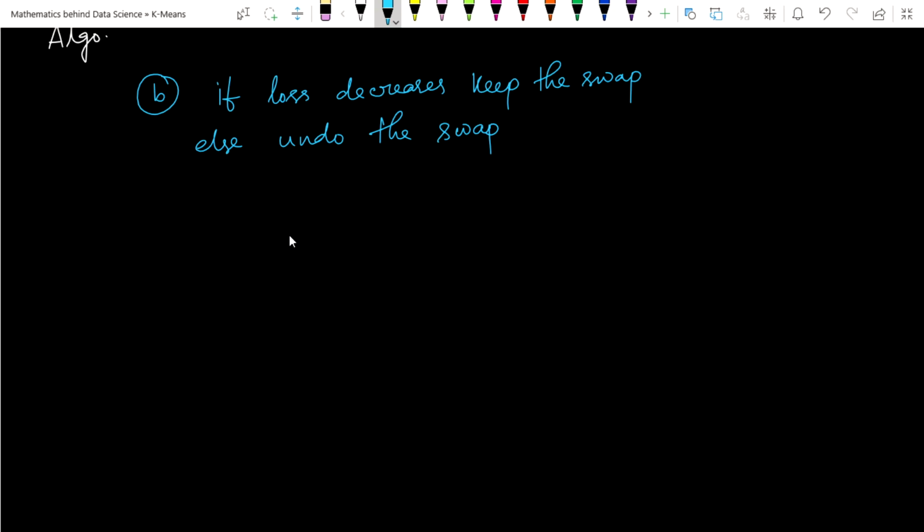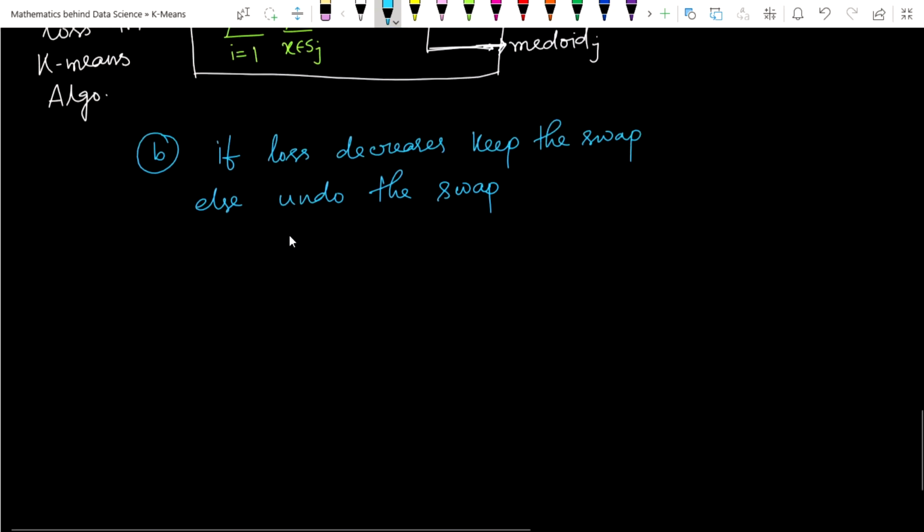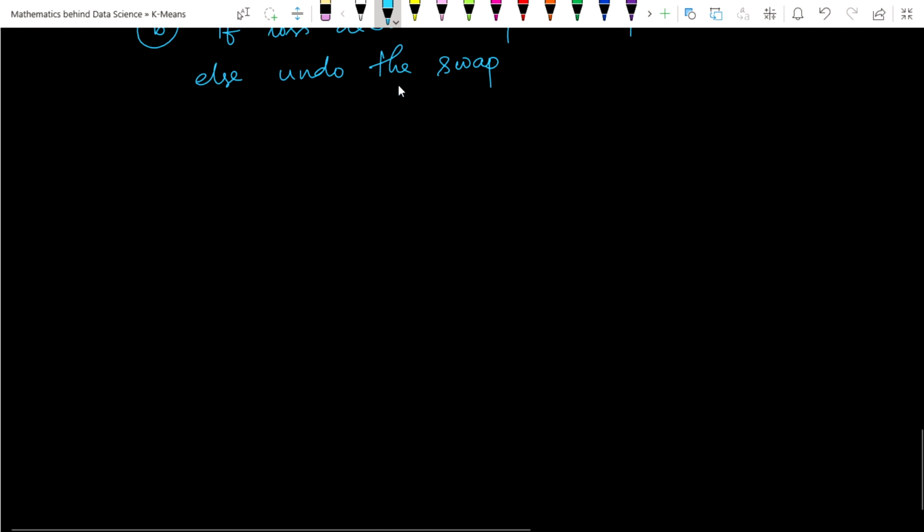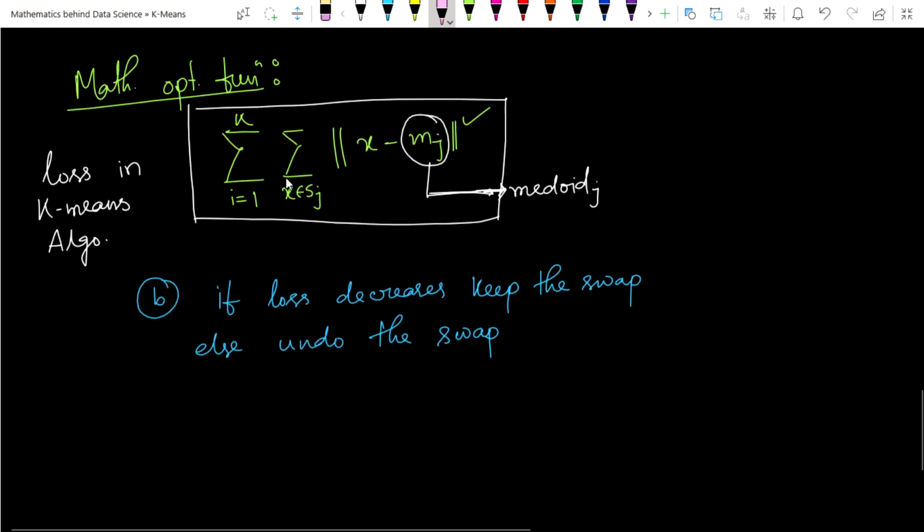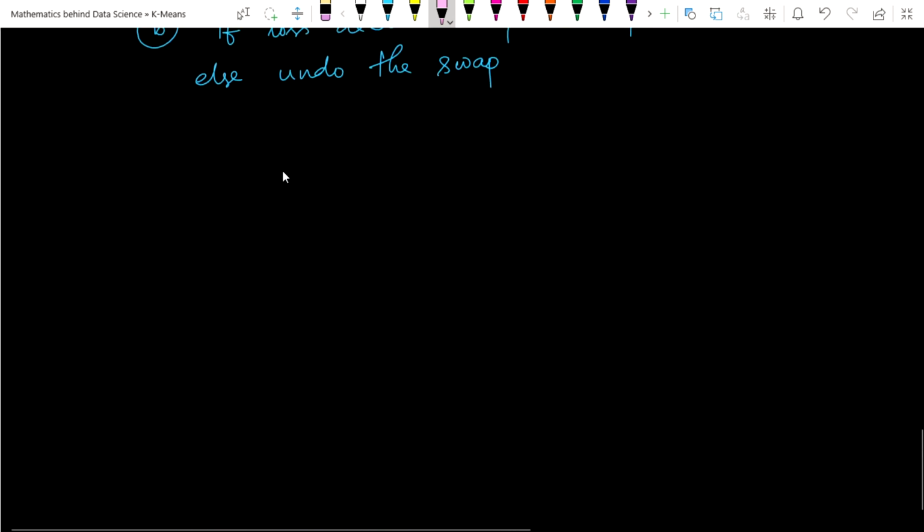Okay, now let's try to understand through an algorithm. Suppose the data set that we have, let's try to understand these two steps through the same example from the algorithmic point of view.